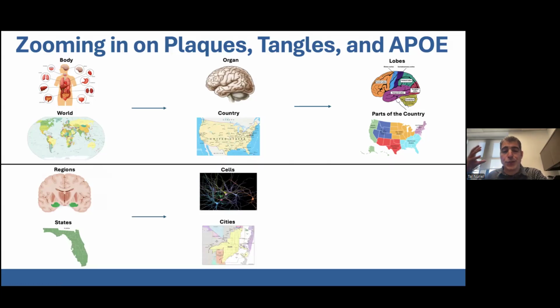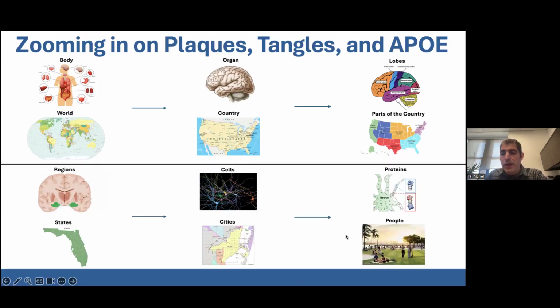And then if you continue zooming in into the hippocampus or any other region in the brain, you'll get lots and lots of cells: neurons, microglia, astrocytes. In the same way that if you zoom in on a state, you'll get lots of cities, such as Miami in Florida. And then if we zoom in one more level, inside of a single neuron, you get lots and lots of these proteins.